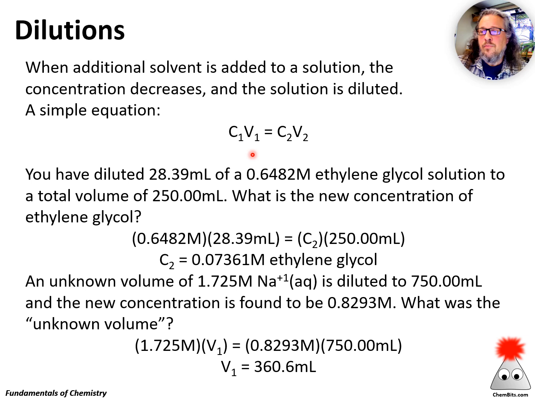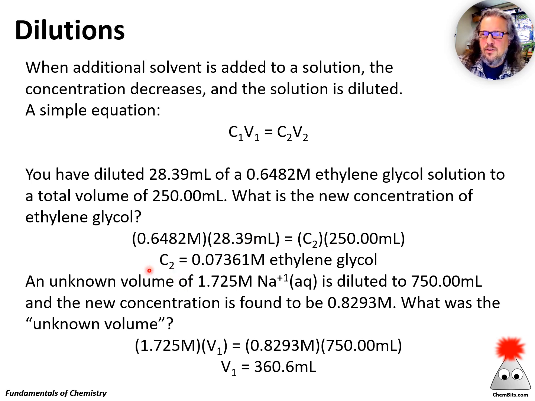Plugging into C1V1 equals C2V2, we've got C1, 0.6482 molar, times 28.39 milliliters is equal to C2 times 250 milliliters. And again, we don't have to switch to liters as long as we've got milliliters on both sides.